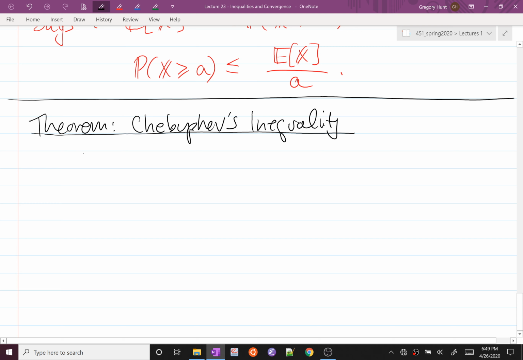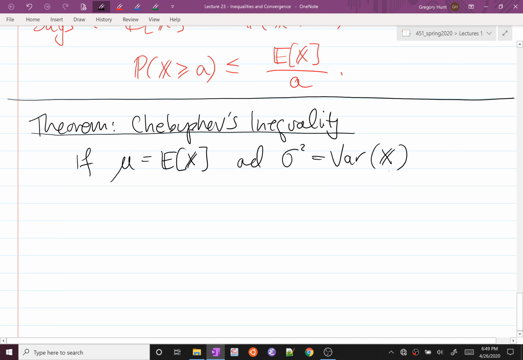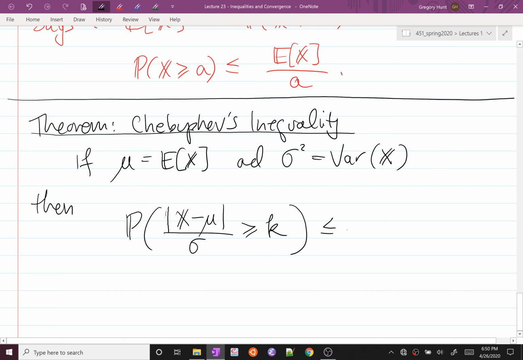says that for any random variable x, if we say mu is the mean of some random variable x, and sigma squared is the variance of x, then the probability of the absolute value of x minus mu over sigma being bigger than or equal to some value k is less than or equal to 1 over k squared.